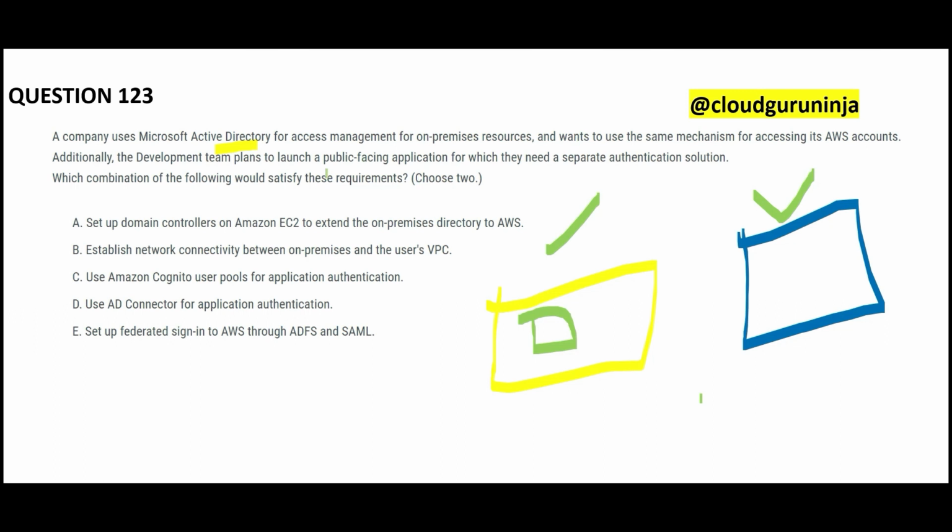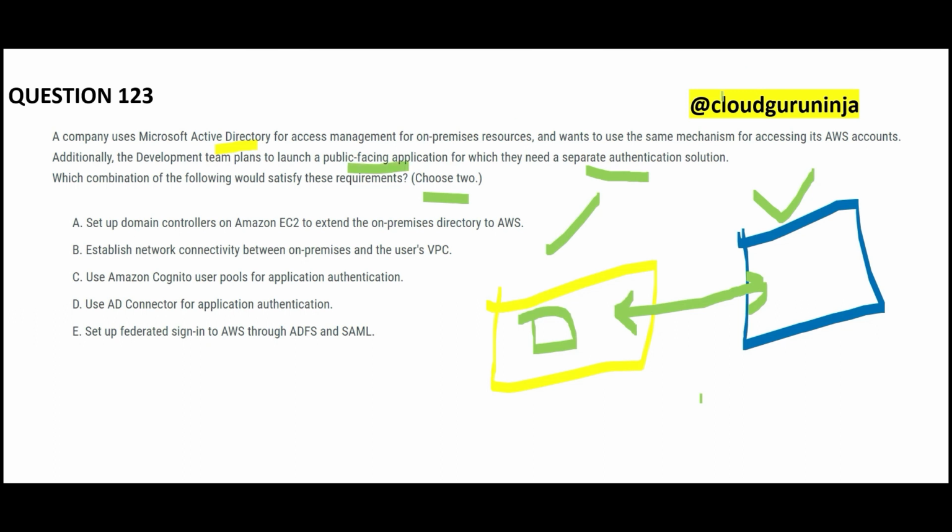Plus, on top of it, your dev team has launched a public facing application and they need a separate authentication solution. So we need two answers here. The first answer is for Active Directory so that both the guys can use it. This guy and this guy can use it. And the second is for a separate authentication solution for public facing applications.